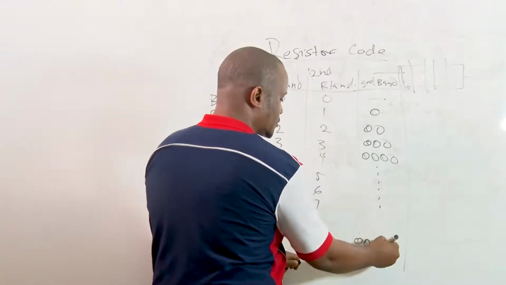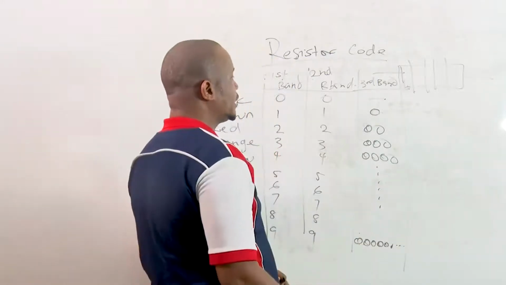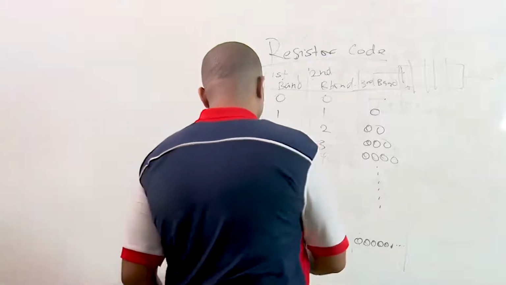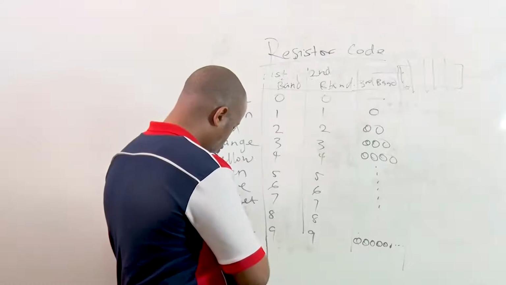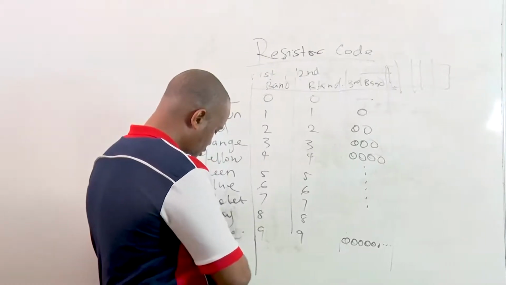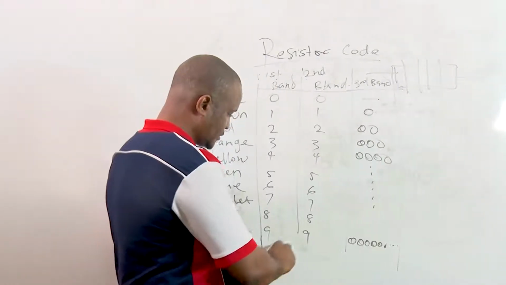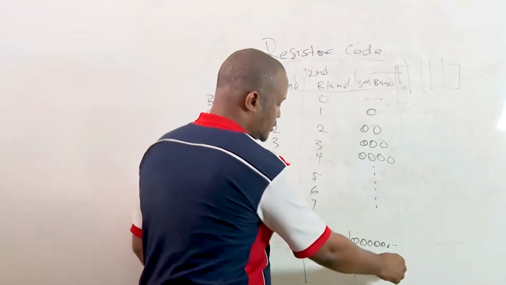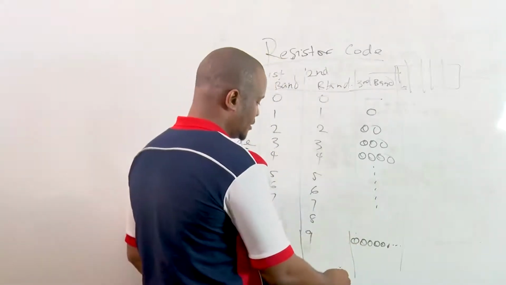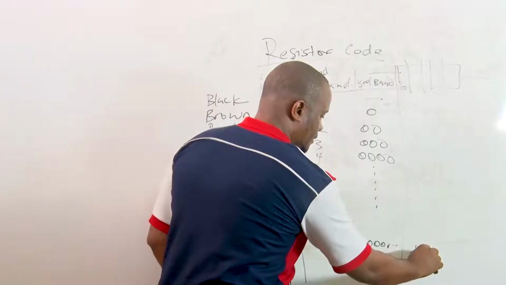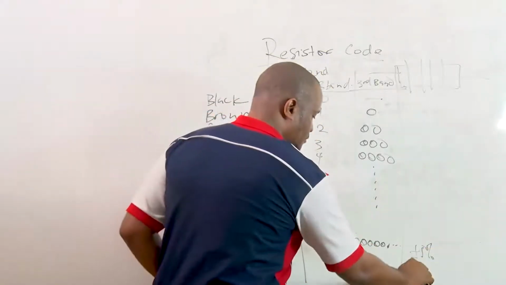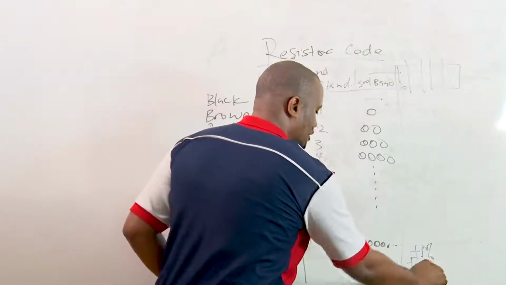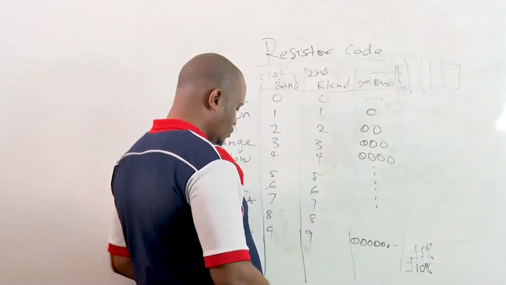9 zeros. And so okay, we have also what we call the tolerance. The tolerance can either be gold or silver. So the gold is plus or minus 5%. The silver is plus or minus what? 10%. So this is what we call the tolerance.